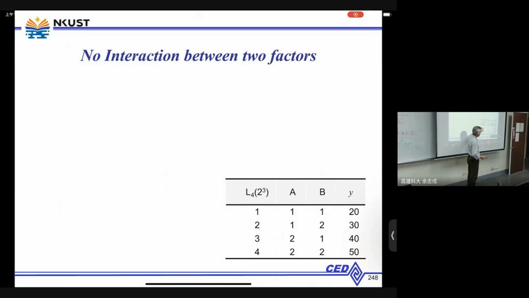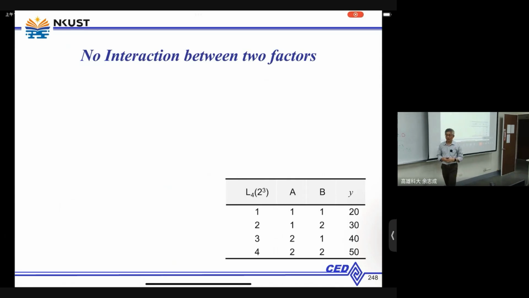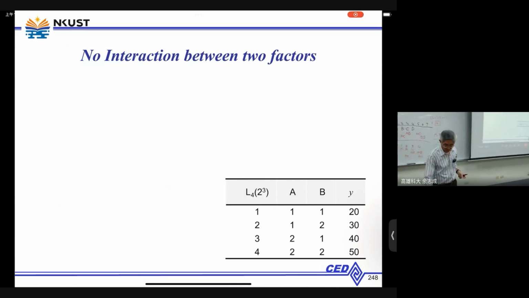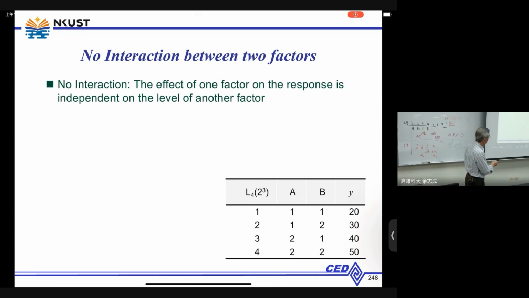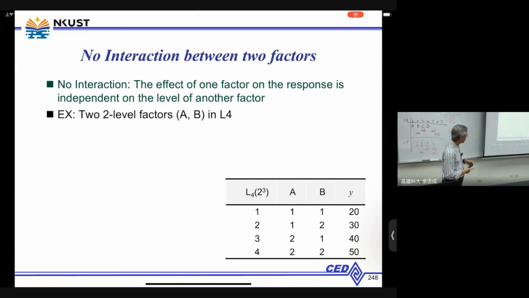This is L4, two factors, two levels, and this is a full factorial because we have four combinations. And we want to understand what is the influence of each factor on the output. If there is no interaction, then the effect of one factor on the output will be independent from the selection of another factor. Let me show you this example.